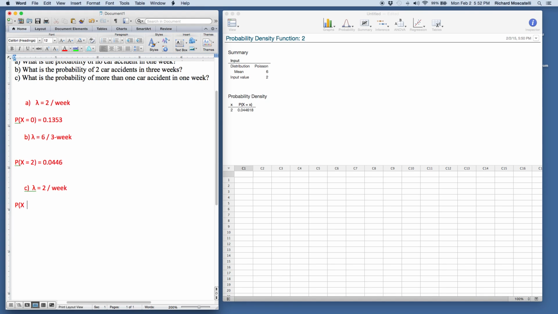Oops, for some reason my greater than key is not working there. Greater than 1. All right, so think about what that means. More than 1 accident means you might have 2 accidents, or 3 accidents, or 4, or 5, dot, dot, dot. That would obviously be impossible to work. I think you can see that that's very difficult.